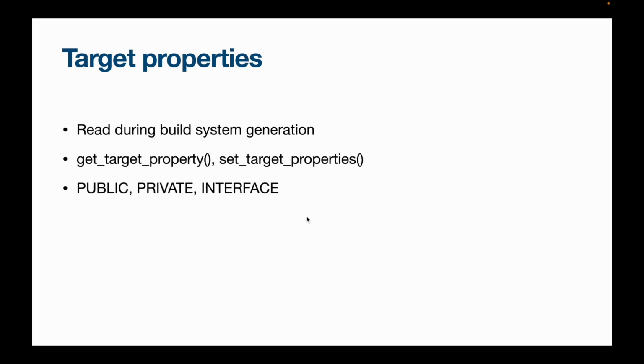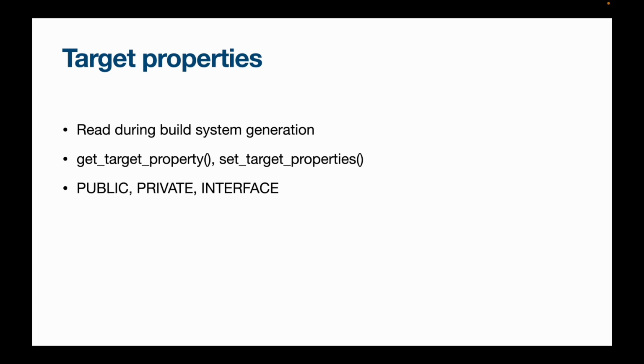Whenever you are setting target properties, there are 3 different keywords that are very important, and these describe the scope of the target property that you're setting. So the simplest case here is PRIVATE, and what that means is that this target property applies only to me. It's an implementation detail for how to build this target, and no one else who links against me needs to know about this.